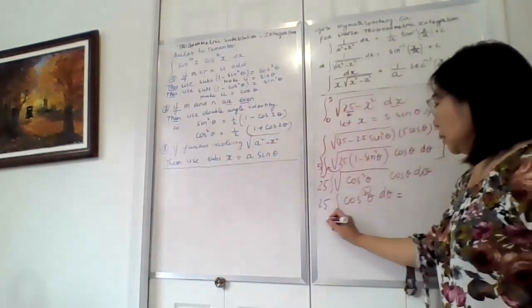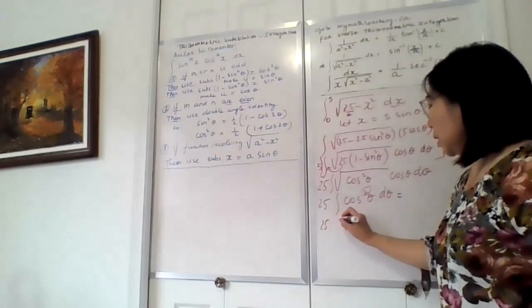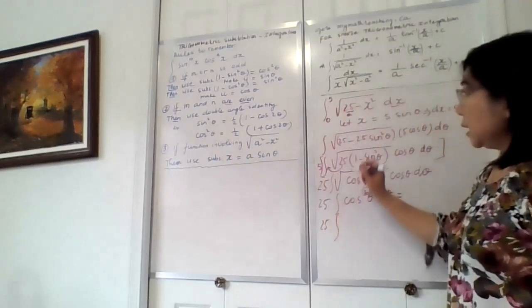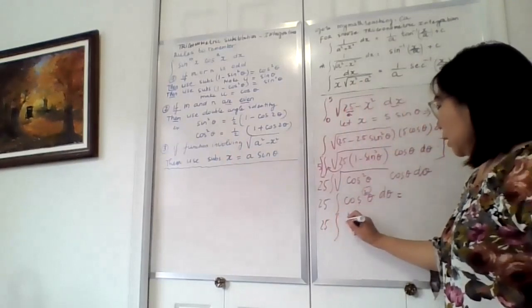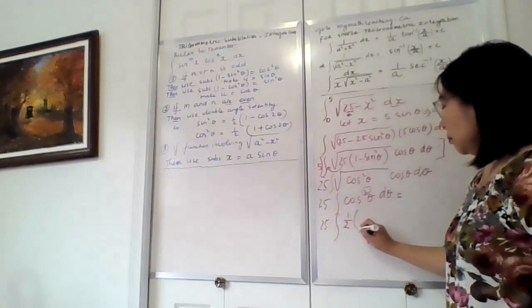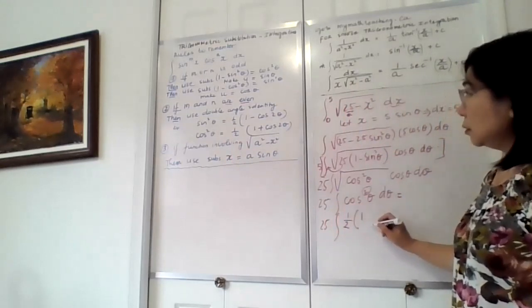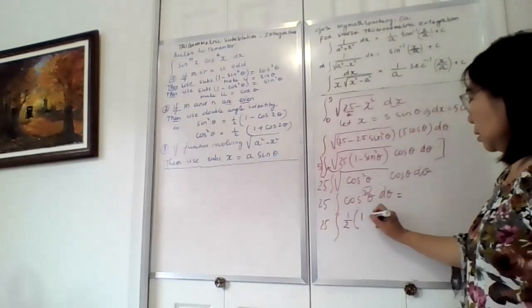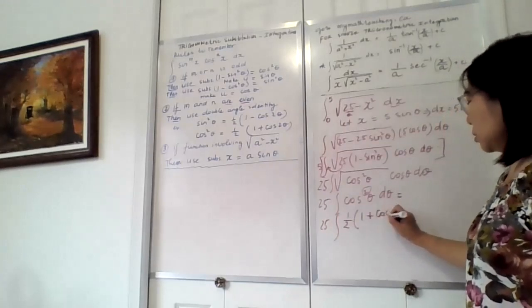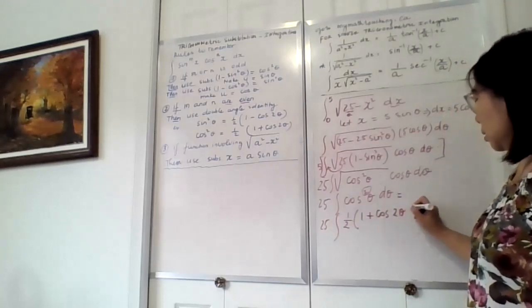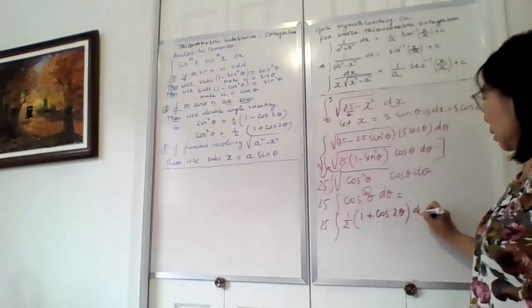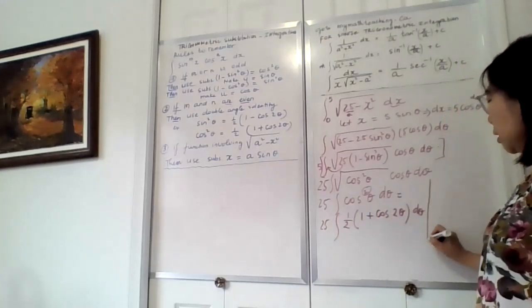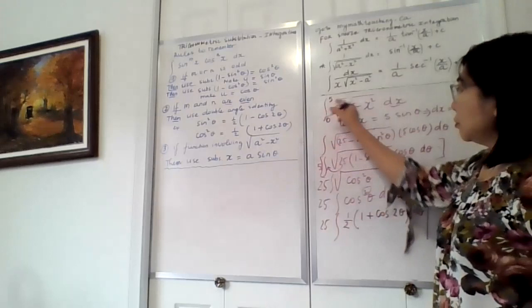So cos squared theta becomes the double angle identity: 1/2 times 1 plus cos 2 theta, d theta.